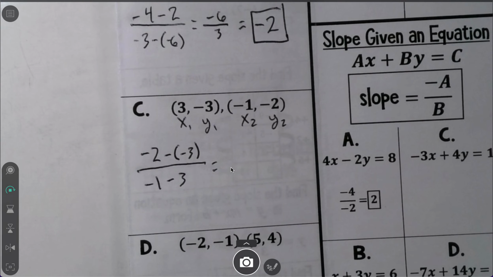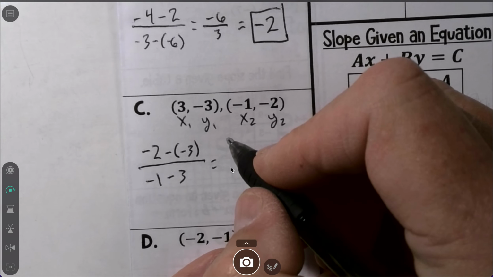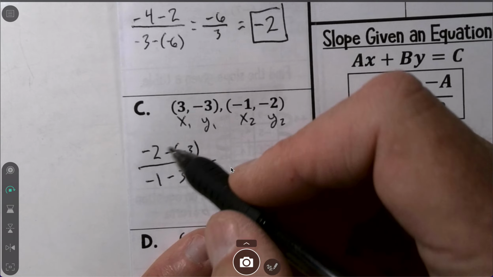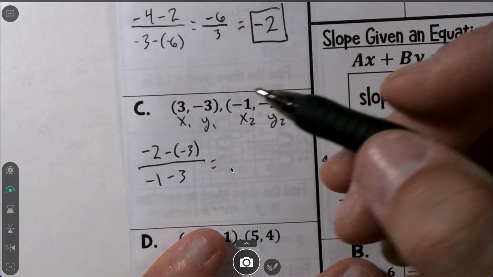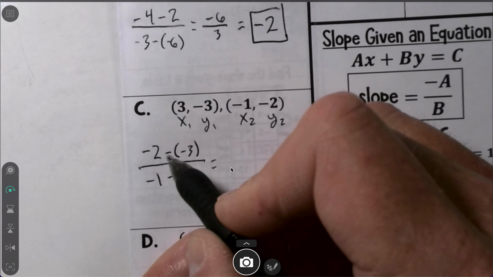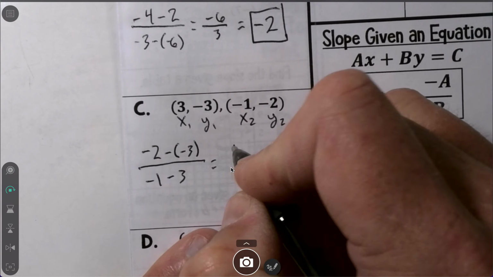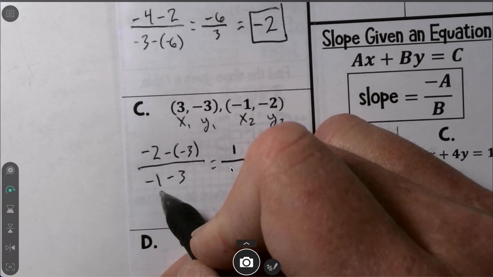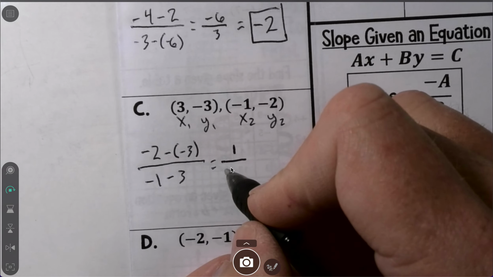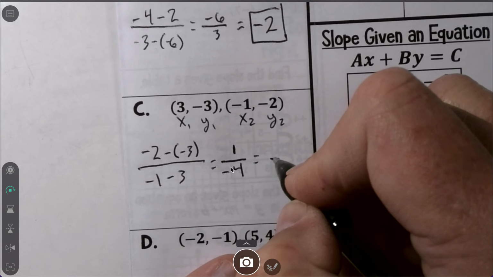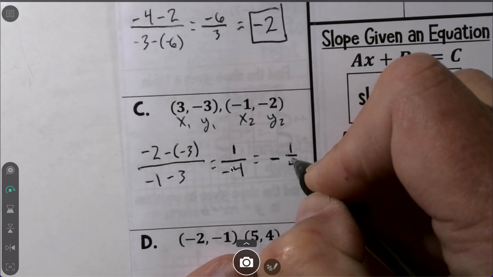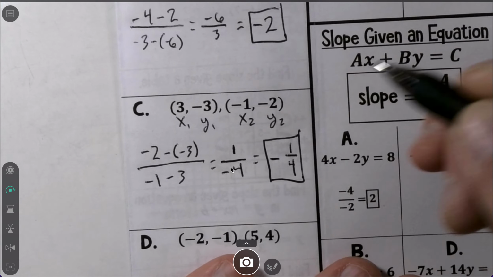We'll work on that right there. It's actually positive 1, because negative 2 plus 3 would be positive 1. And then negative 1 minus 3 is negative 4. So it's just negative 1 over 4 for the slope.